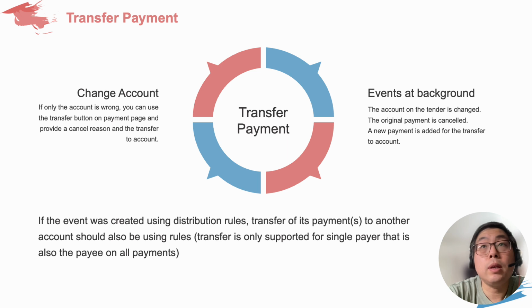Transfer is only supported for a single payer that is also the payee on the payment. So this is a base rule, and if we want to use it, we have to make sure the payee and the payer on the payments is the same person.